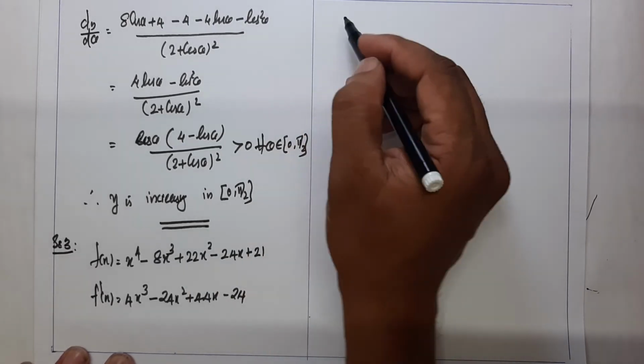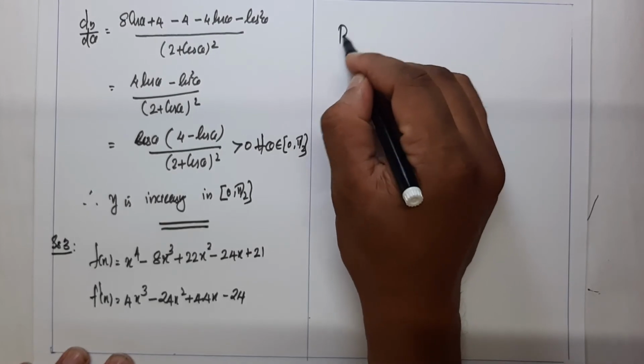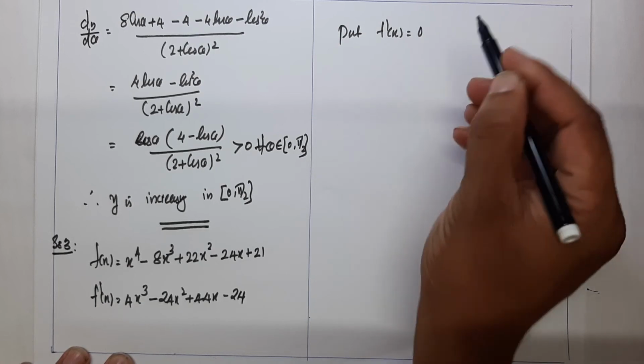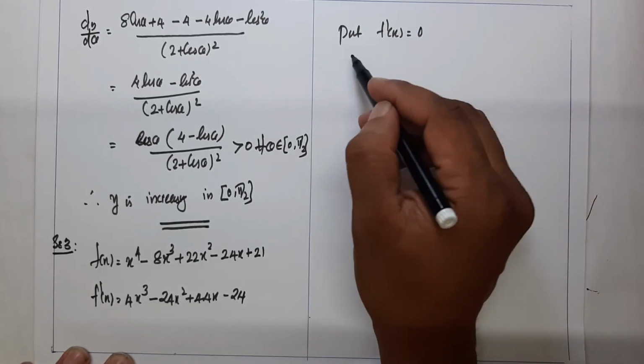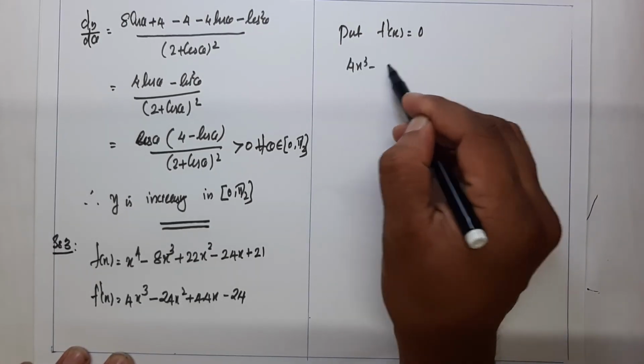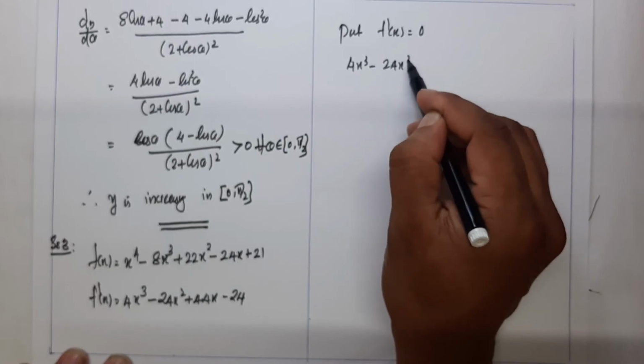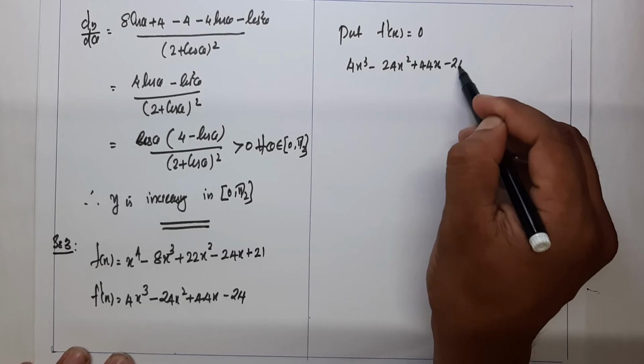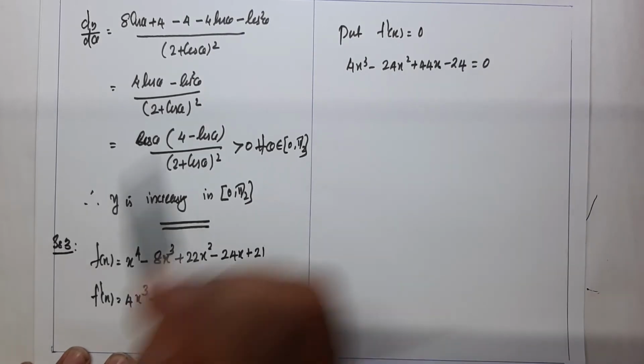Then for finding critical points, first of all we put f dash x is equal to 0. That means 4x cube minus 24x square plus 44x minus 24 is equal to 0.